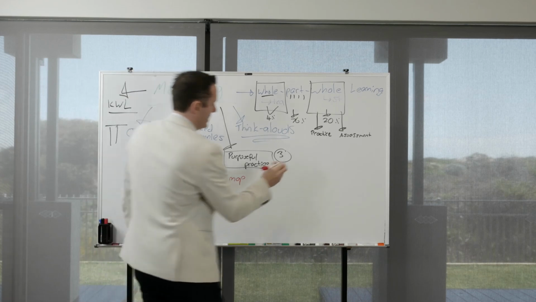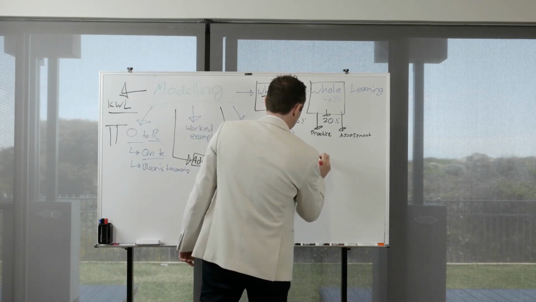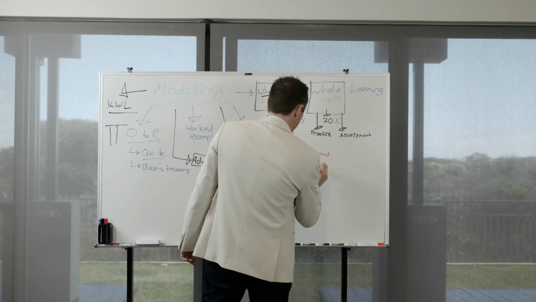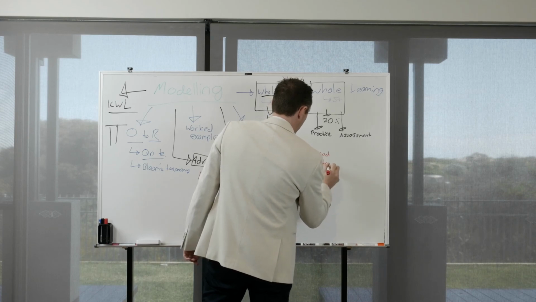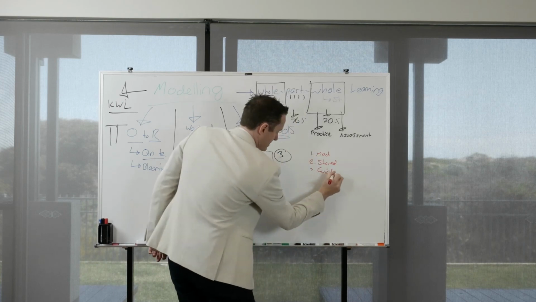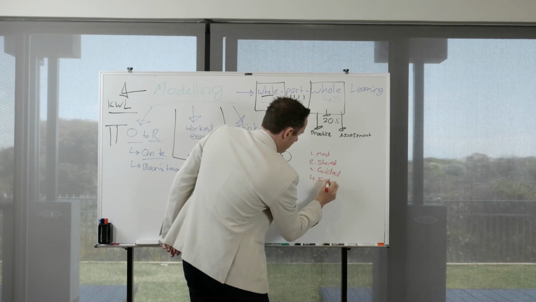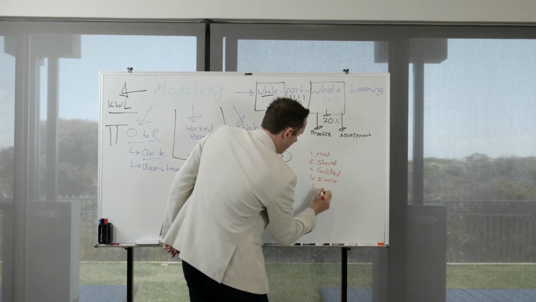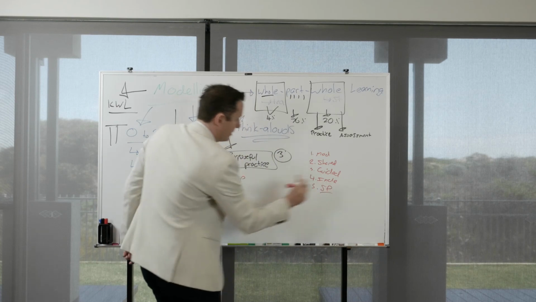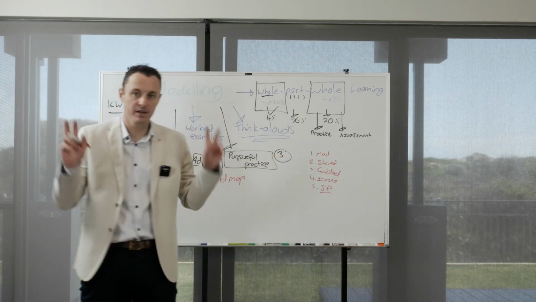And that process normally then is, number 1 is normally modelling. Number 2 is normally shared learning. Number 3 is normally guided. I don't know if you can see that, sorry. Number 4 is normally independent learning. And then number 5 is self-directed learning. So modelling is the very first scaffold.